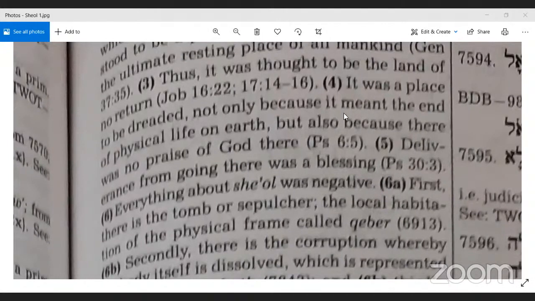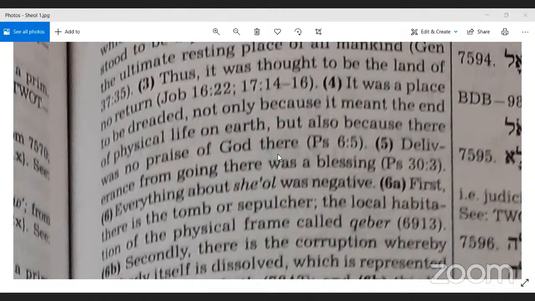So we need to think carefully about this. Because it meant the end of physical life on earth, but also because there was no praise of the Most High there. Where? On earth. In that place on earth. I don't know, Jediah, what do you think?